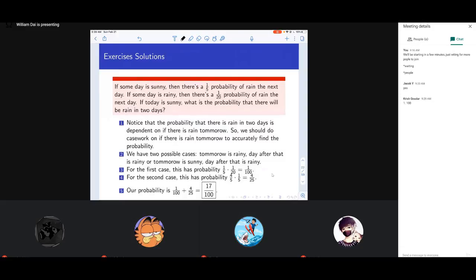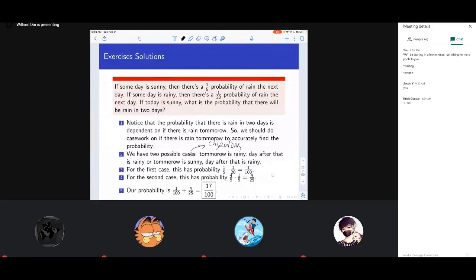Okay, and here's the second exercise. If some day is sunny, then there's a 1 over 5 probability of rain the next day. If some day is rainy, there's a 1 over 20 probability of rain the next day. This again introduces a new strategy: casework.